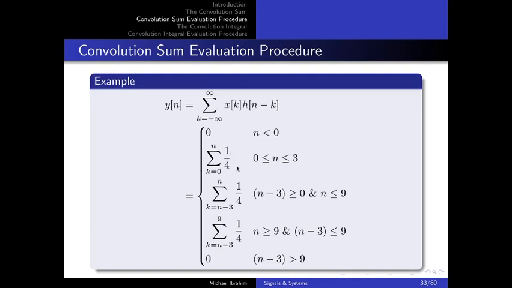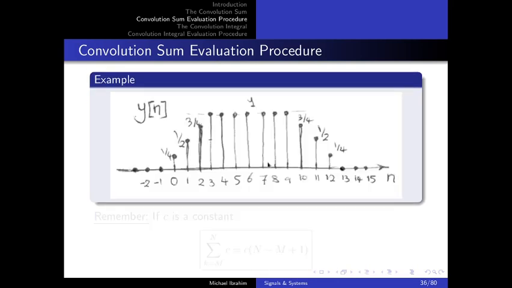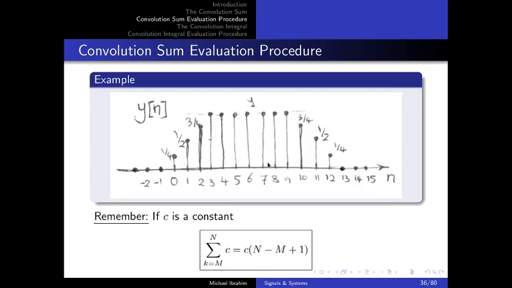So 1 over 4 plus 1 over 4 plus 1 over 4, n plus 1 times, is basically 1 over 4 times n plus 1. Which is this result. So basically, in this example, we have used the summation of a constant from m to n, which will be the constant times n minus m plus 1.